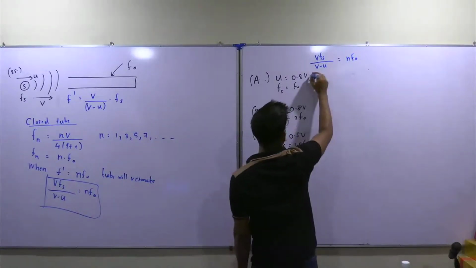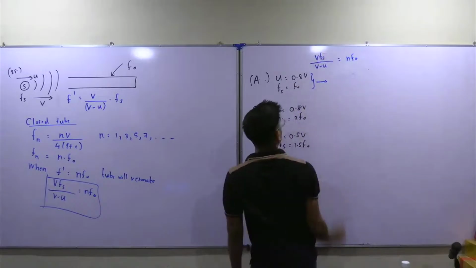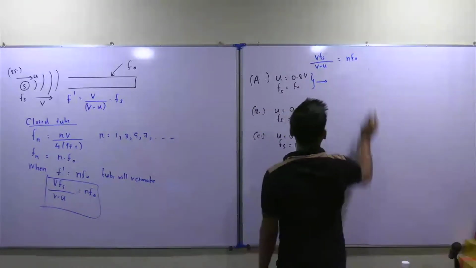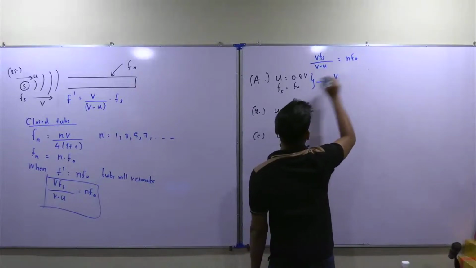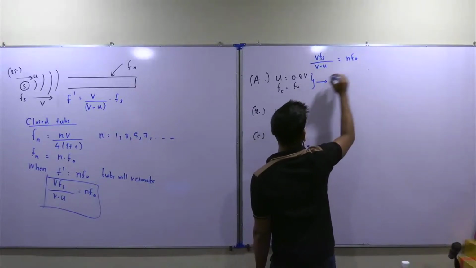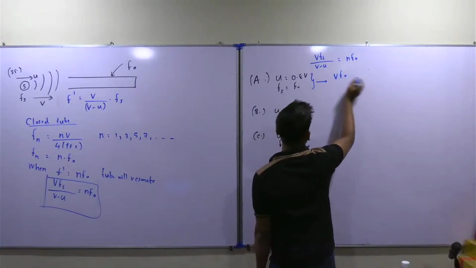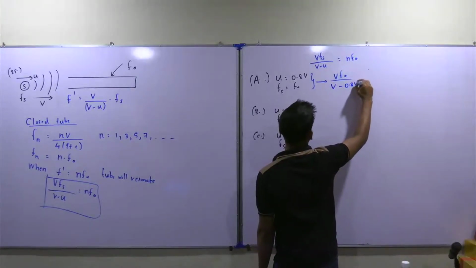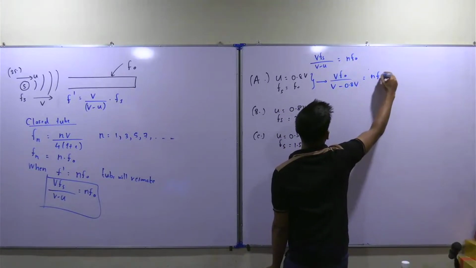Now I'm going to plug these values into this equation. Let me substitute. According to this one, Fs is F naught. Divided by v minus u, which is 0.8v, equals nF naught.